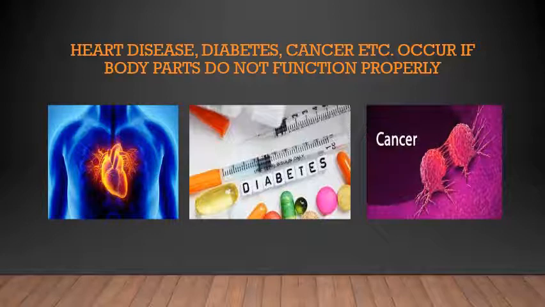Cancer is the overgrowth of some body parts inside the body, which can lead to the death of the person. The cells keep growing and don't stop growing at all. Such cells are called cancer cells. These diseases are non-communicable, which means they do not spread from one person to another.